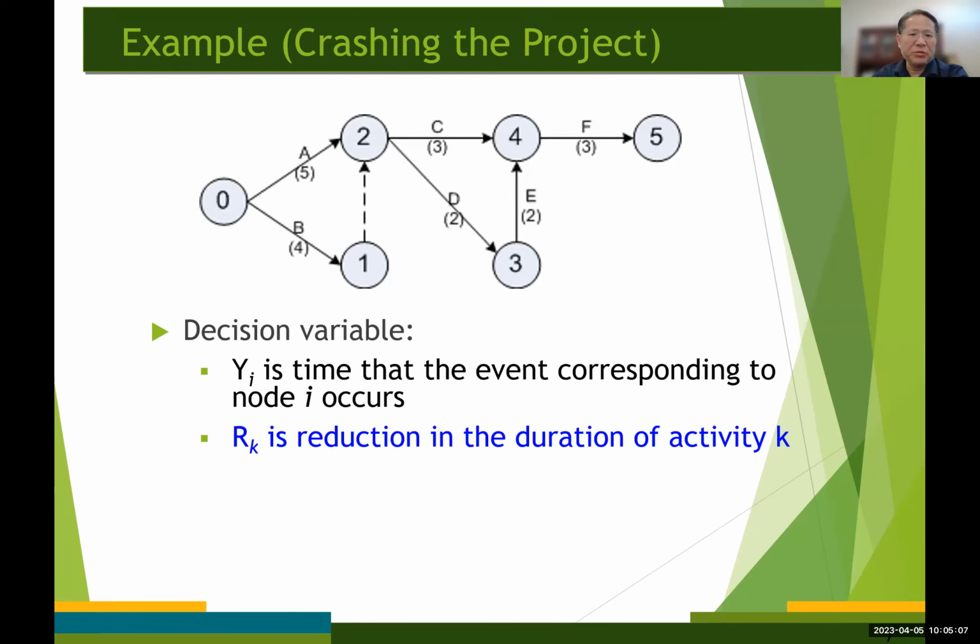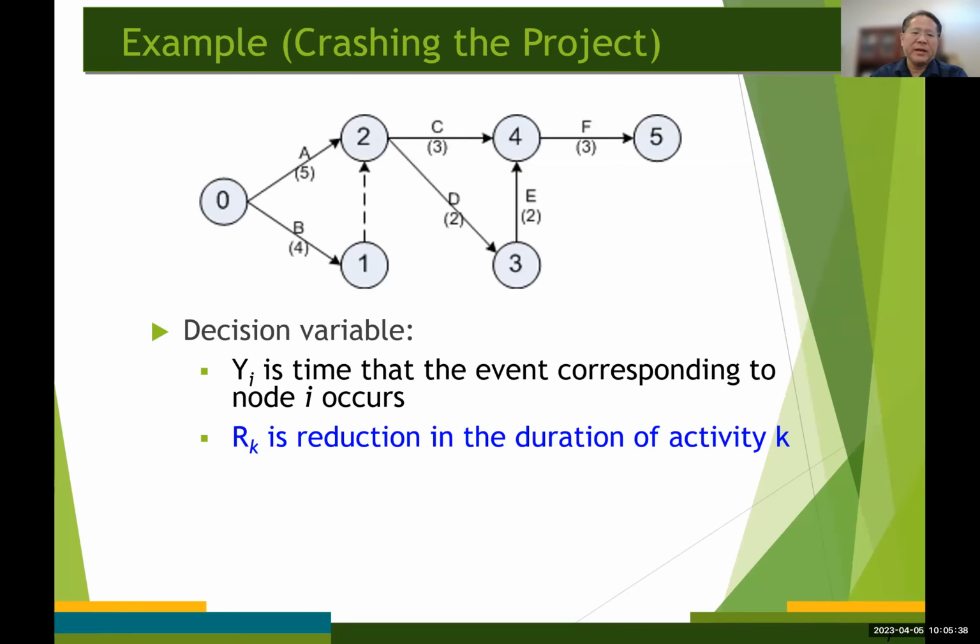So I want you to recall when we construct the primary LP to obtain the shortest completion time for the project, right? We define the decision variable y sub I represents the time that each event I occurs. And for the crashing problem, we also need to define another set of decision variables.